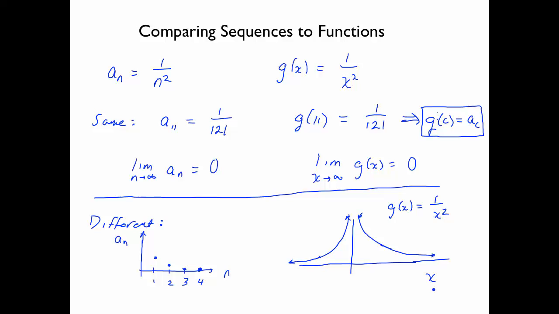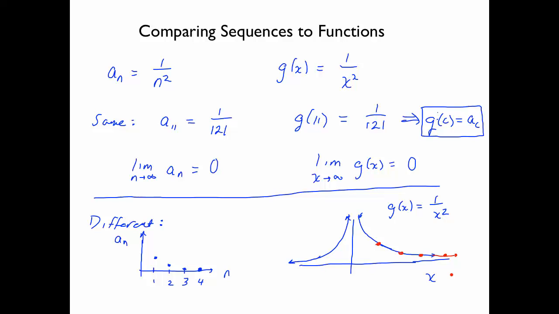But the key here is that we can use the function version to evaluate the limit of the sequence, right? So we've seen that. By evaluating the limit of the function g, that gives me the limit of the sequence a sub n. We track the points here, 1, 1/4. All these points would land right on the curve of g of x.